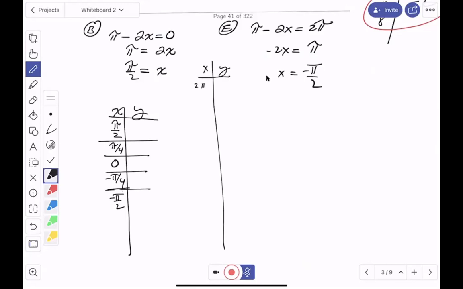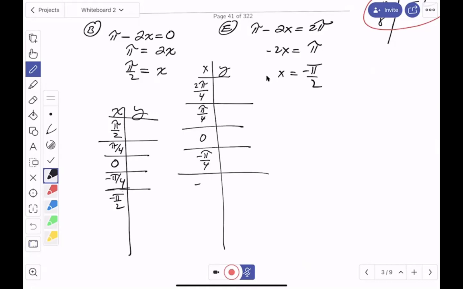2 pi over 4 is the same thing as pi over 2. Right? The next one is going to be pi over 4. The next one is going to be 0 pi over 4. I'll just put down 0. Then minus pi over 4.